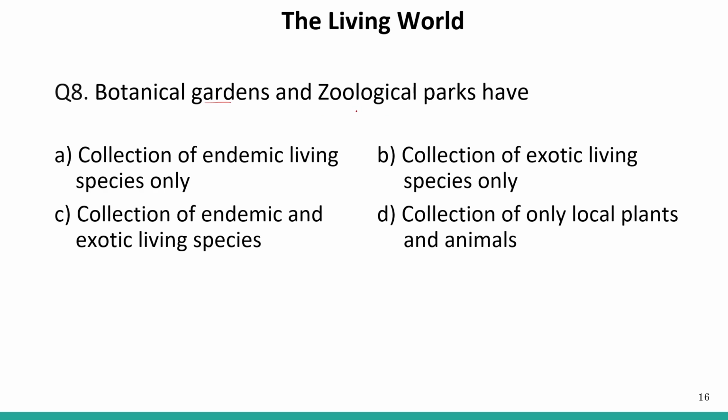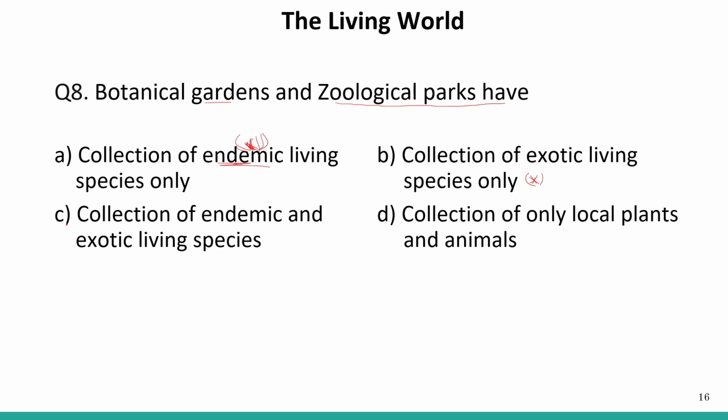Now coming to the next question. Botanical gardens and zoological gardens have, option A, a collection of endemic living species only. Not correct. Next option is a collection of exotic living species only. This is also not correct. What does endemic mean? The organisms which are adapted to a particular habitat. They are endemic to that area.